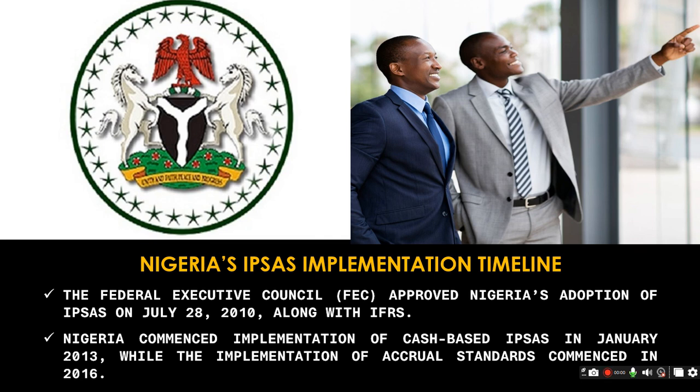And at the end of the day, there was almost 90% compliance among the private sector entities. But with the listed companies, the quoted companies, the compliance was 100%. So why is implementation of IPSAS so abysmally low? Well, that's what we'll look at in the next slide.